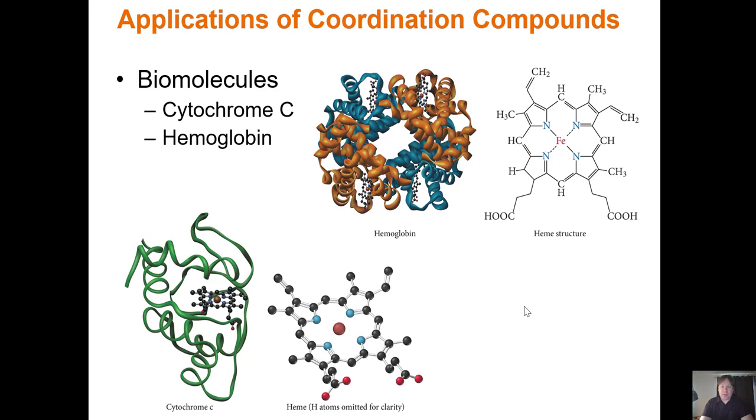So you probably have heard of hemoglobin as being an important molecule in the blood, and you probably are aware that iron is important in the blood. Well, this is how that works out. So we have this porphyrin ring, and inside of that, those nitrogens are bonded to an iron. Some of these bonds are kind of chemical bonds.